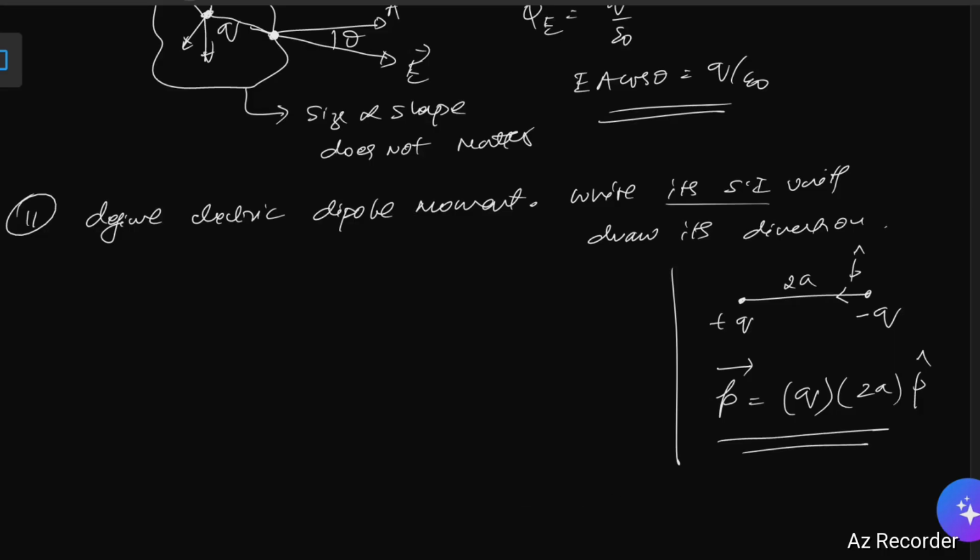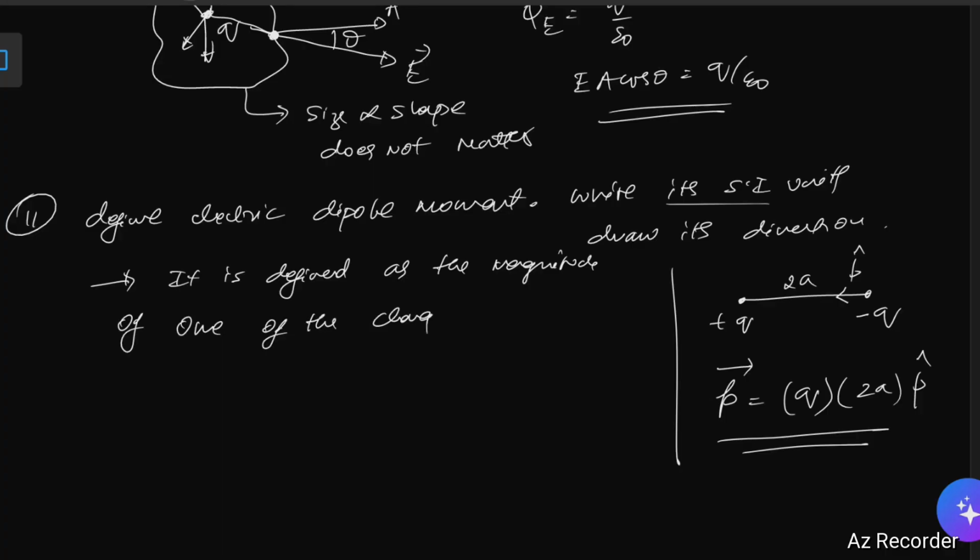Now you have to mention this in the statement. So define electric dipole moment. It is defined as the magnitude of one of the charges of the dipole multiplied by the distance between the charges.